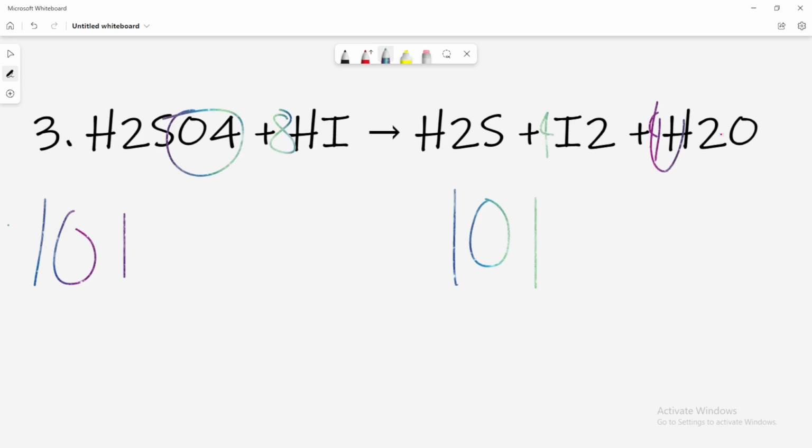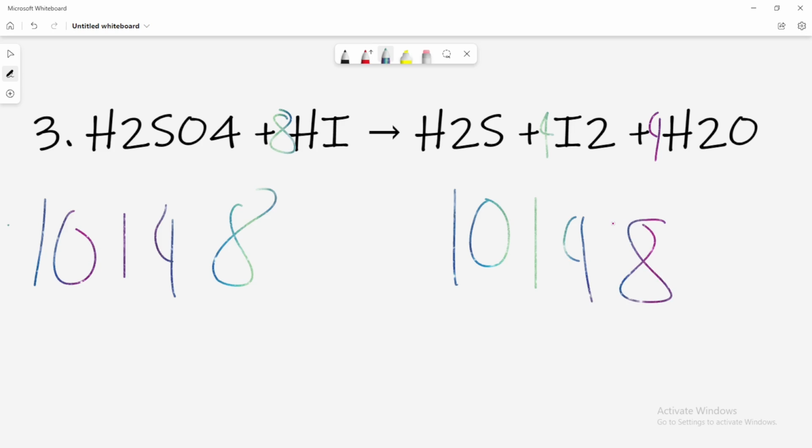O4 to 4 times 1 here, that also equals 4. That's balanced. So the H we've already done, but the I, 8 to this 4 times 2, that becomes I8. So everything is balanced and an equal equation.